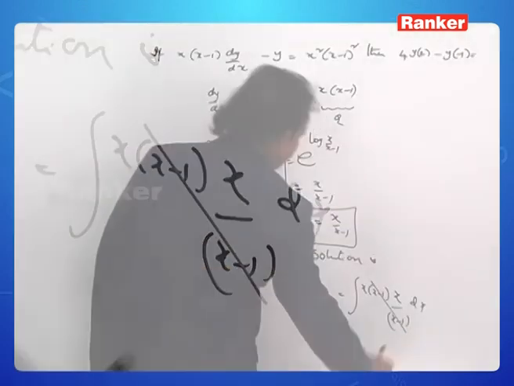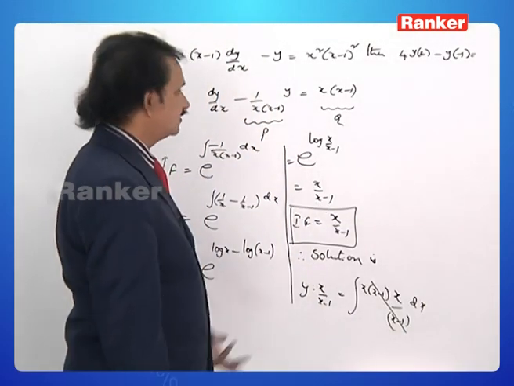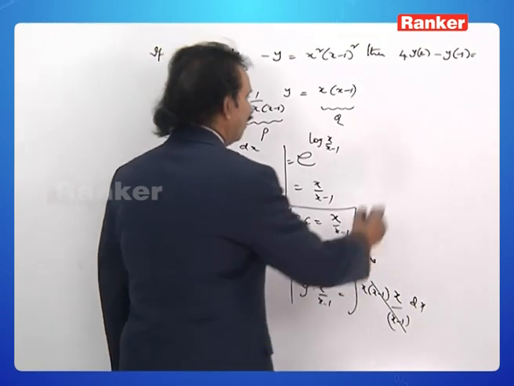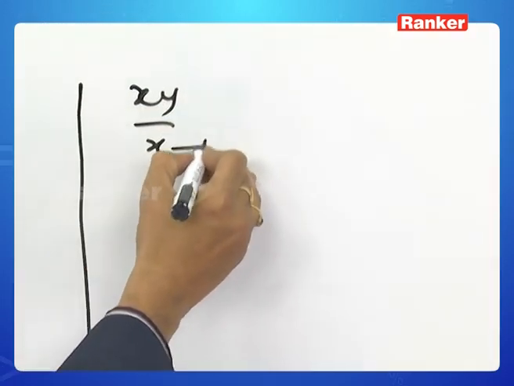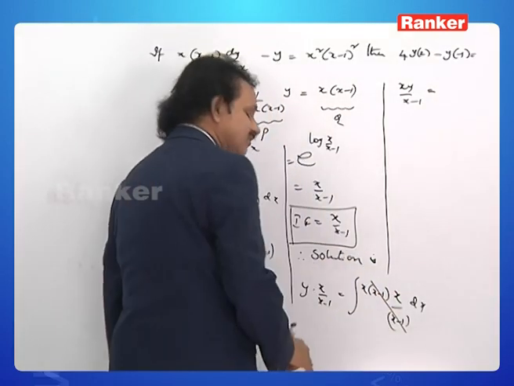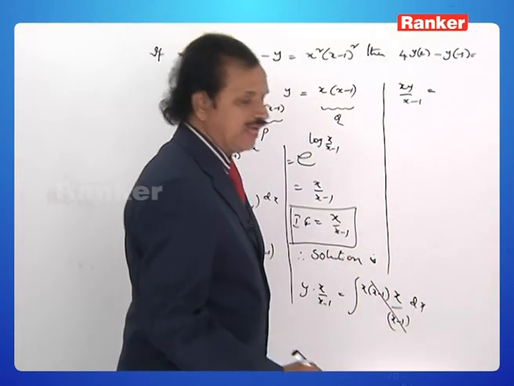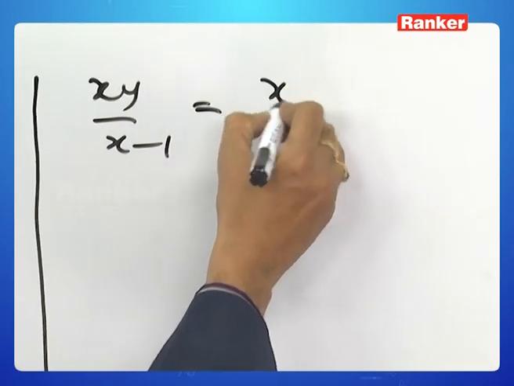Luckily this (x−1) cancels, leaving x into x, x square. Therefore the solution is xy/(x−1) = x³/3 + c, integrating x square.